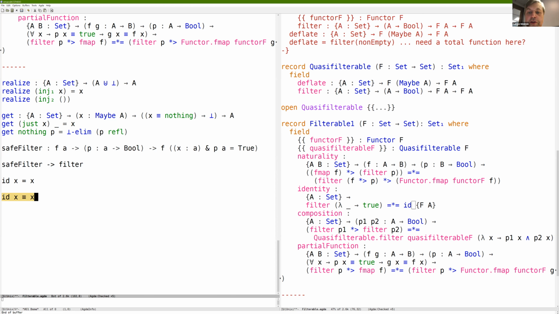So if the filter is true, then you can apply a partial function that will not fail only when the predicate is true. So then you can talk about that. But this is the same in my view as the partial function law.